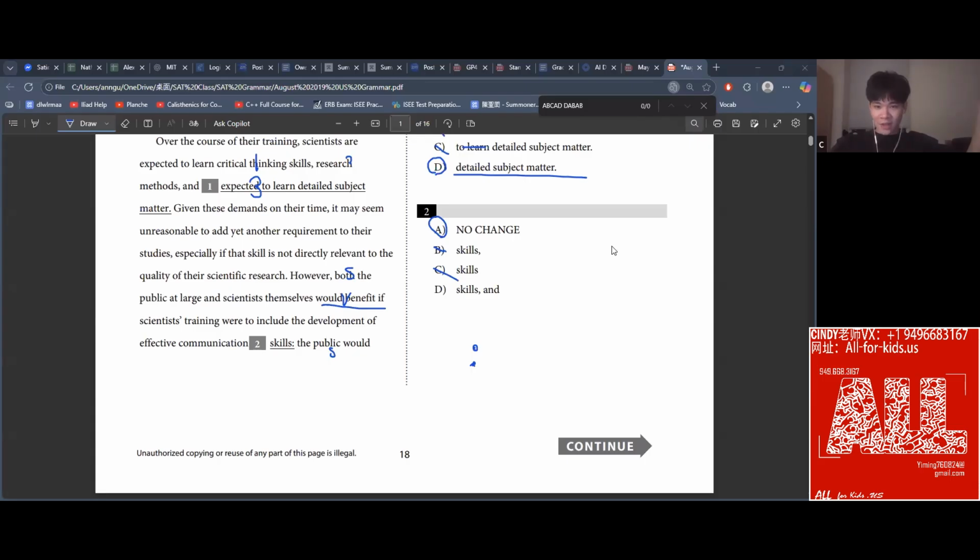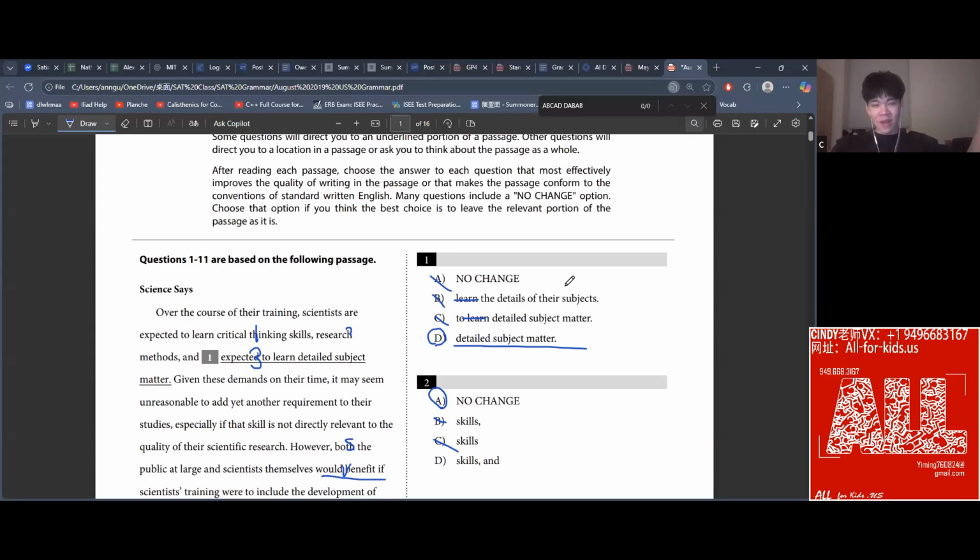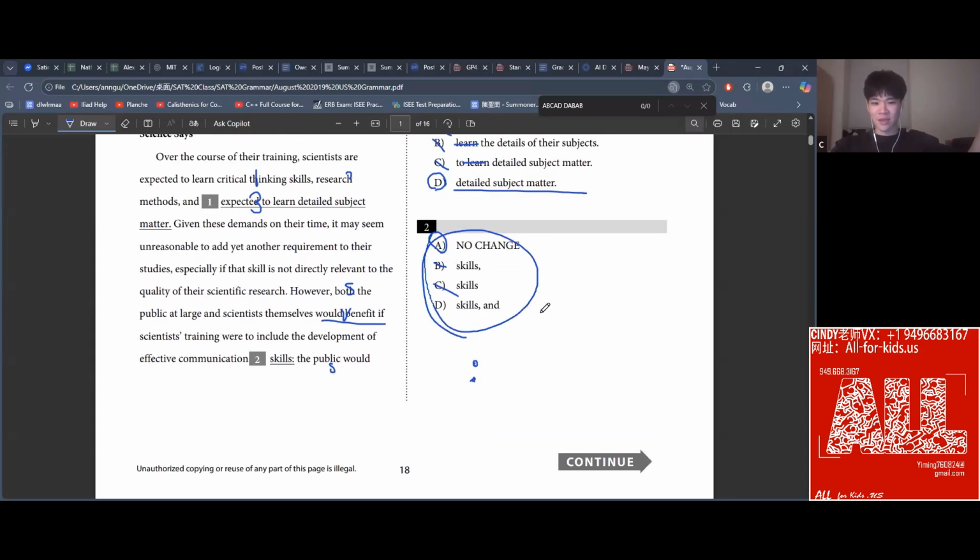Really, I kind of dislike this older test because it's not reflective. I mean, it's reflective in that they're still testing your grammar, but it's not like the practice questions we have been doing, which is okay because it still tests your grammar.